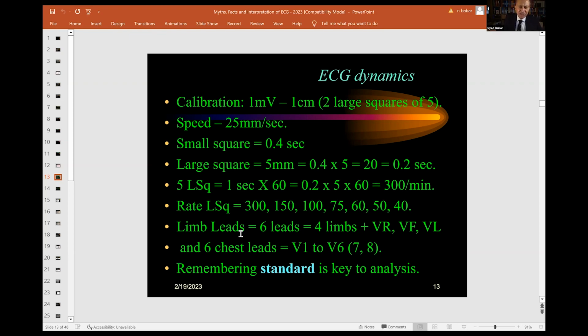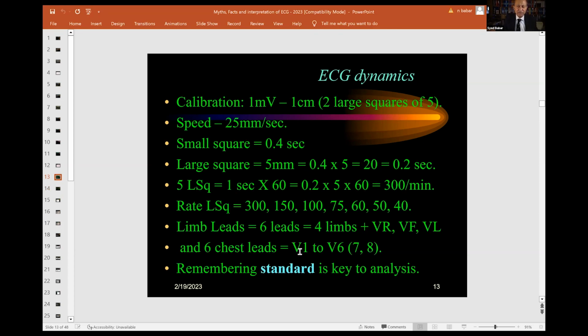The limb leads are 4 limb leads, plus a lead on the right side of the chest, a lead on the left side of the chest, and a lead representing the foot, which is caudal. And there are 6 chest leads, V1 on the right side of the 4th intercostal space, just next to the right side of the sternum, and then it goes on to V6, 7, and 8.